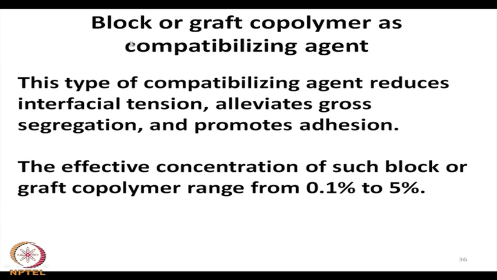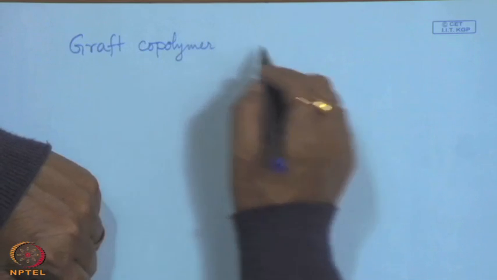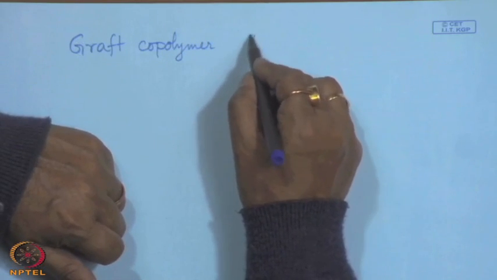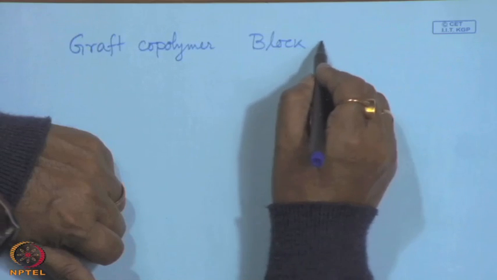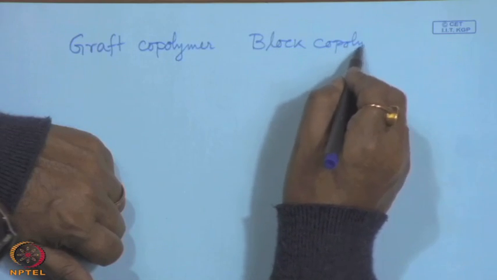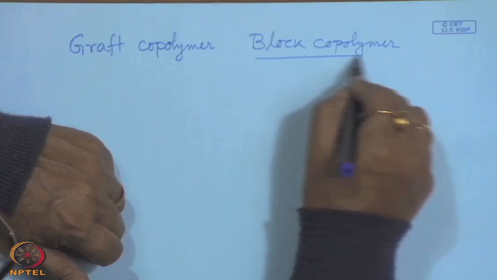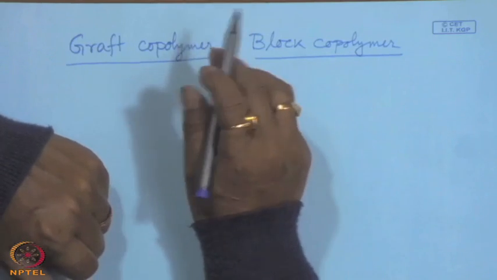Now, block or graft copolymers are another way of compatibilization. We can take a graft copolymer or block copolymer for compatibilization of two component polymers.